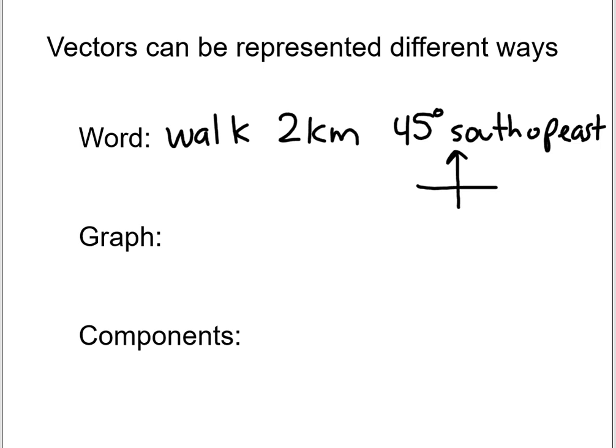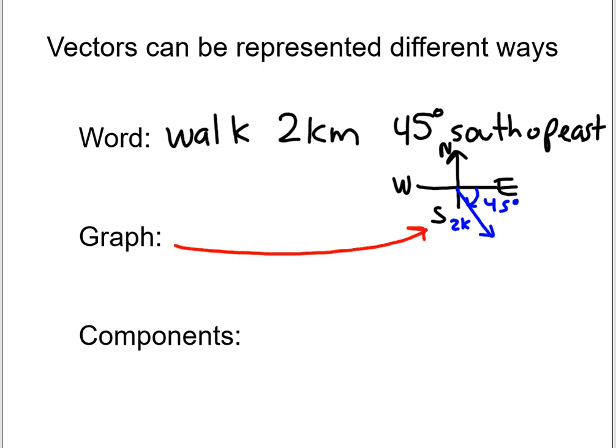If you remember north, south, east, west, if you're south of east, you're 45 degrees here south of east, and you're going 2 kilometers. So that would look like this. In a graph, it would look like this.